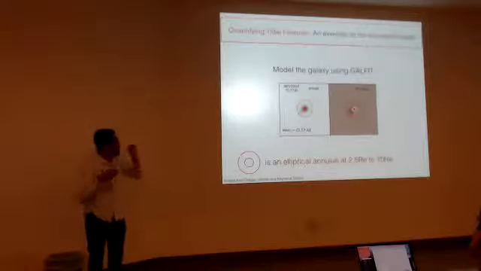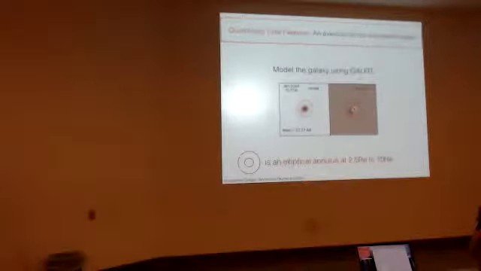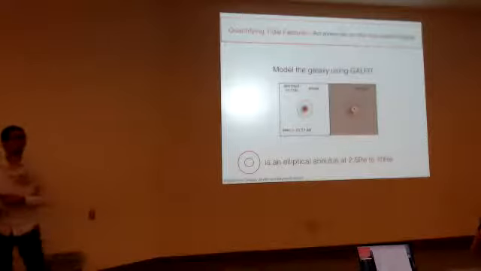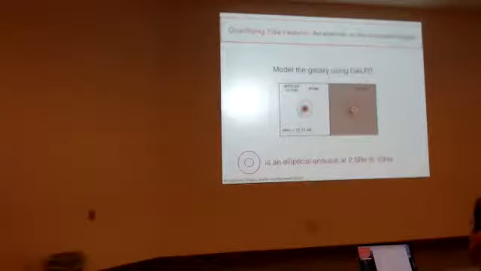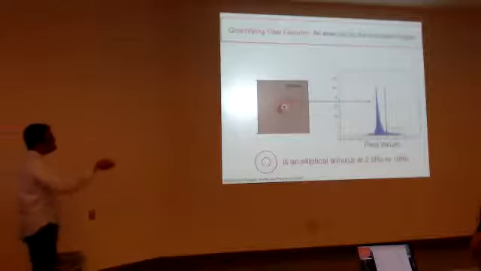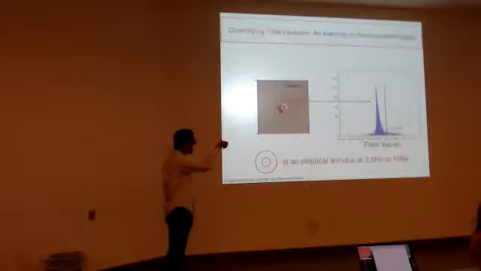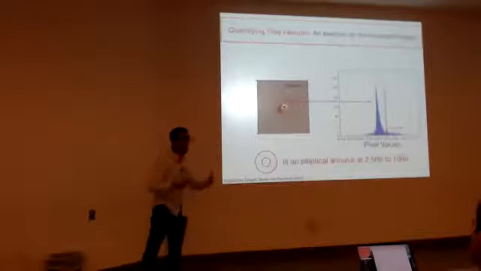So what I'm trying to do now is I plot an elliptical annulus between 2.5 times to 10 times my effective radii, and here in this plot I'm showing essentially the pixel values in that annulus, and I mask everything out inside and outside my annulus.